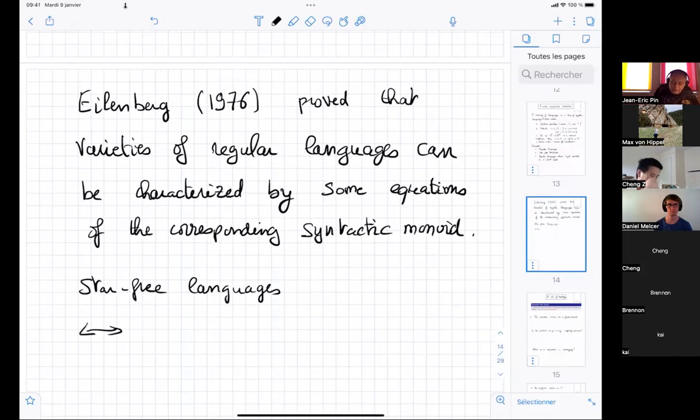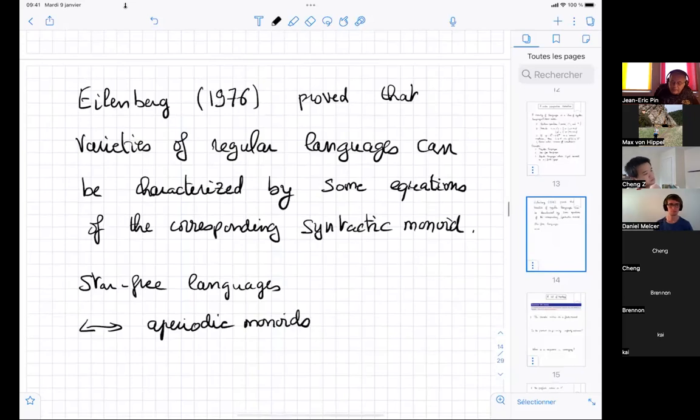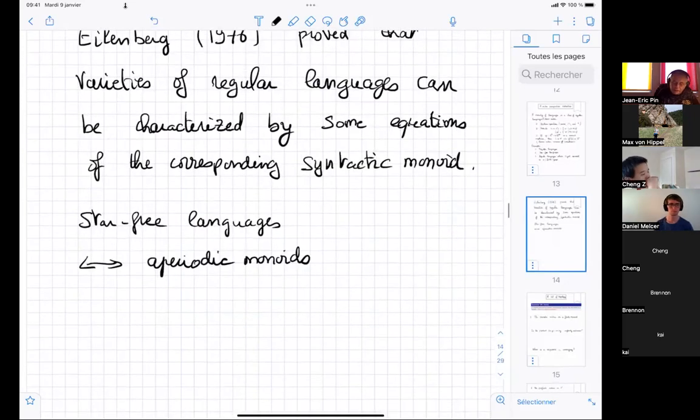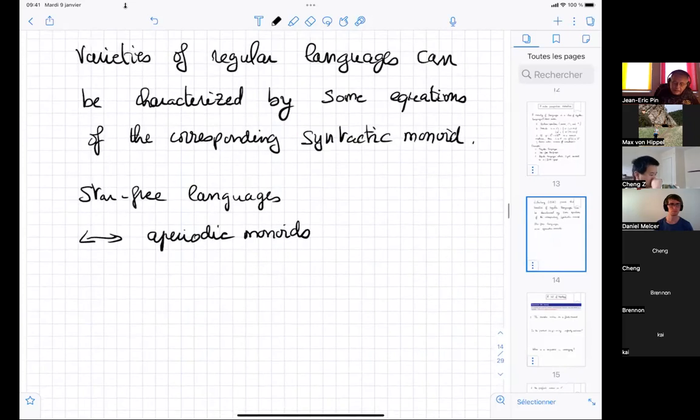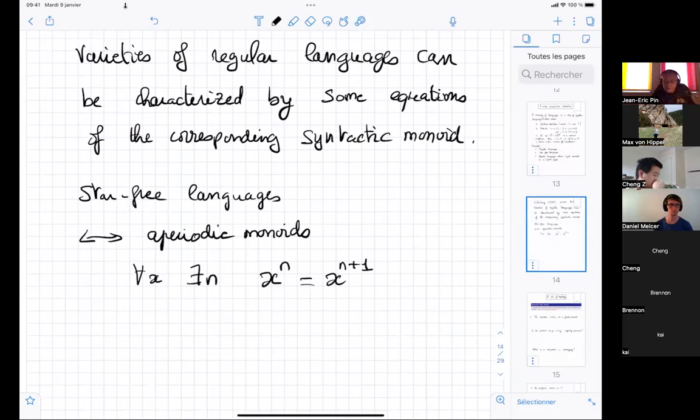They correspond to aperiodic monoids, which are defined by this kind of equation: for all x, there exists an n such that x^n equals x^(n+1).